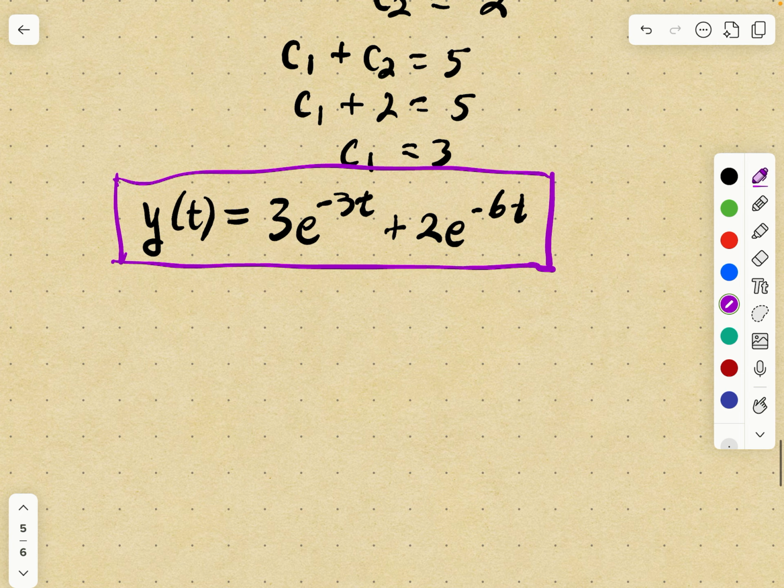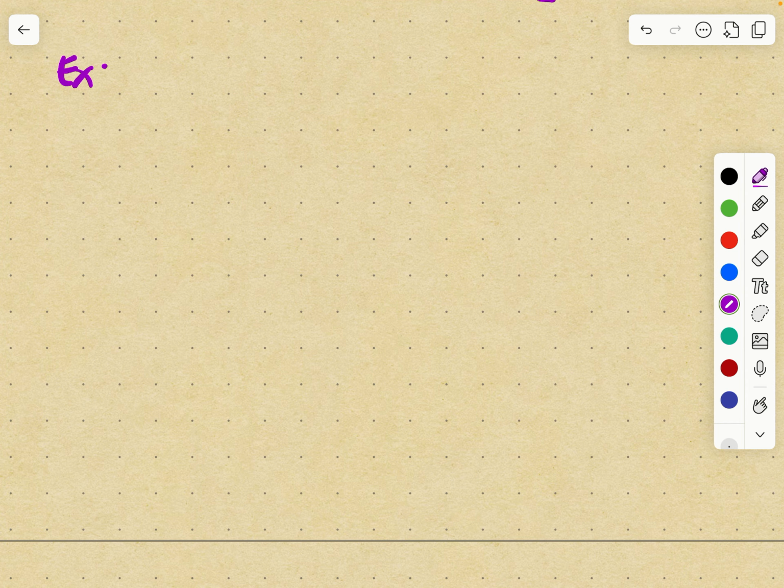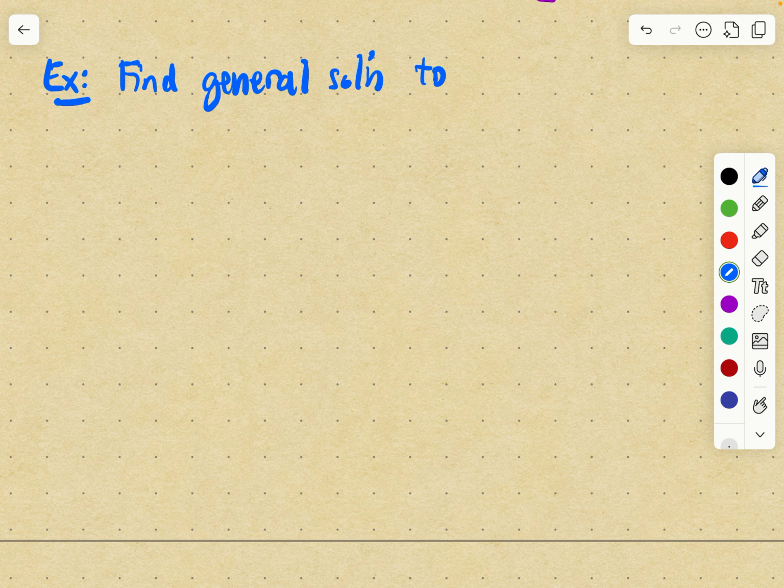Okay, let's do another one. Let's do the next example, which is to find the general solution to y double prime minus 6y prime plus 85 over 4 y equals 0.